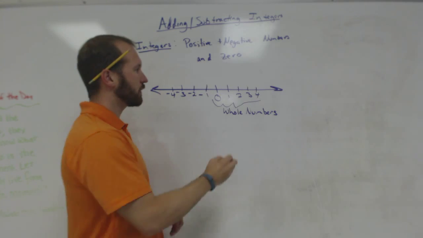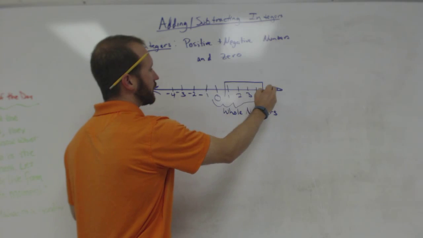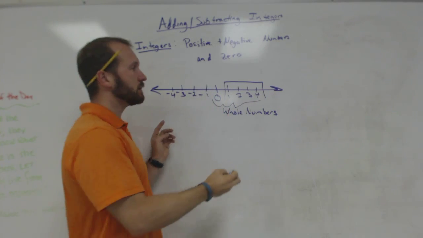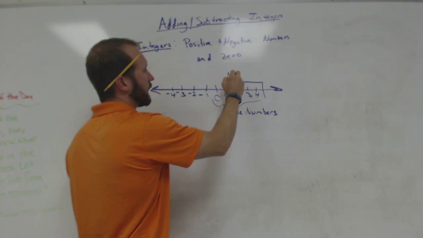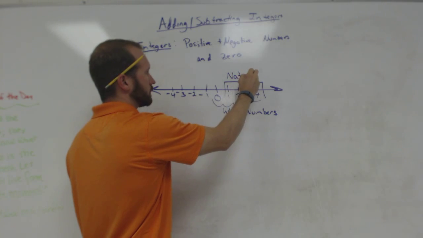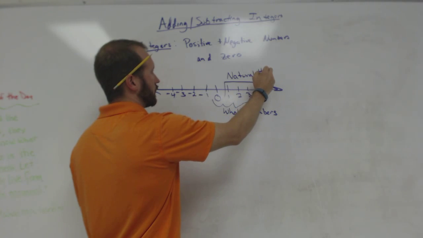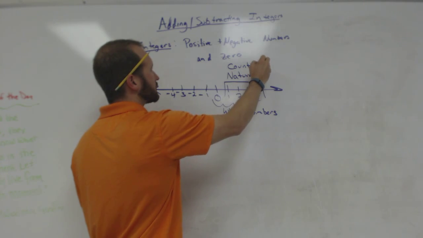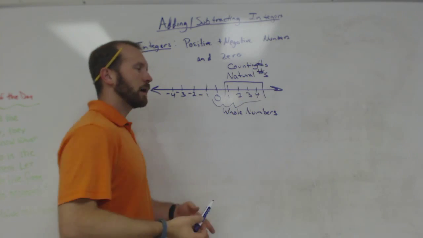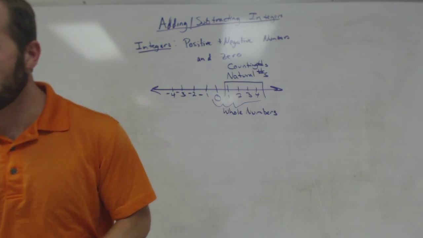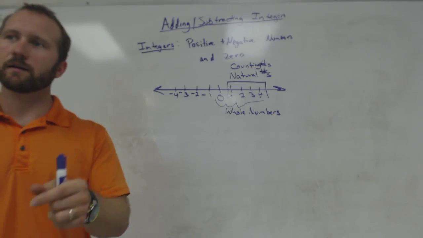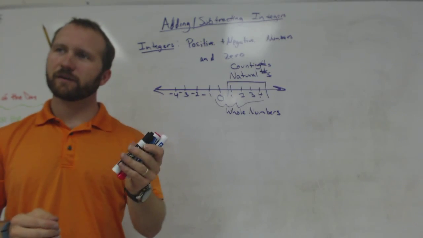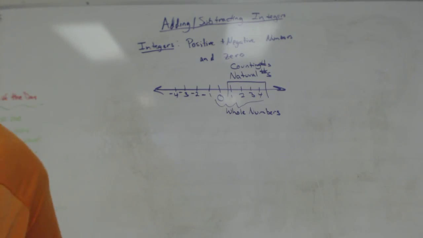And then, if you're curious, if you just count the numbers above 0, just the positive numbers, those are called natural numbers, also known as counting numbers. If you think about how we would naturally count something, we would go 1, 2, 3, 4, 5. Those are called our counting numbers.